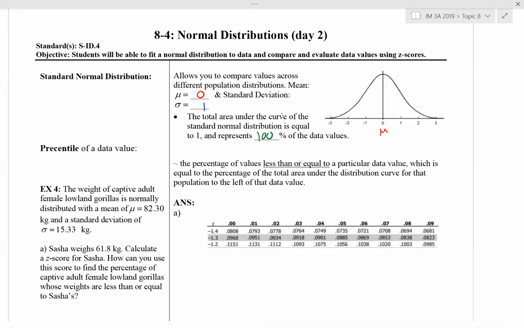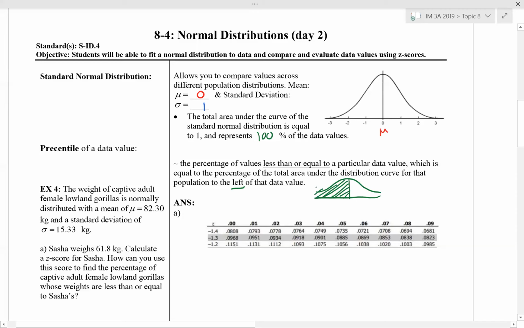So the percentile of the data value is the percentage of values that are less than or equal to a particular data value. So what that means is that we're looking at the area of the curve to the left of that data value. So if I think about it as a standard normal curve, and I have a data value, I'm finding the percentage of values to the left of that.